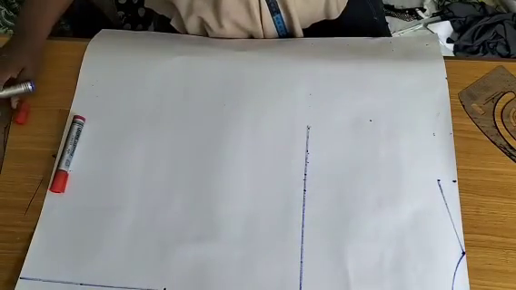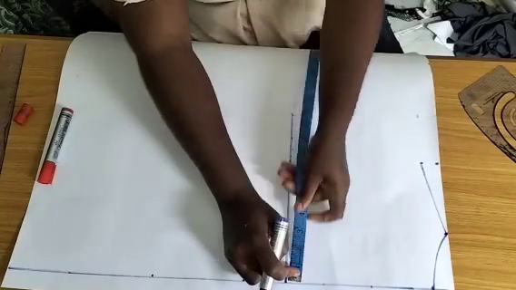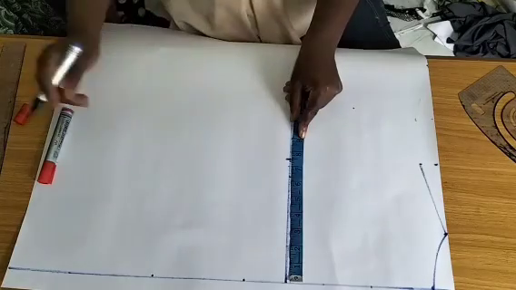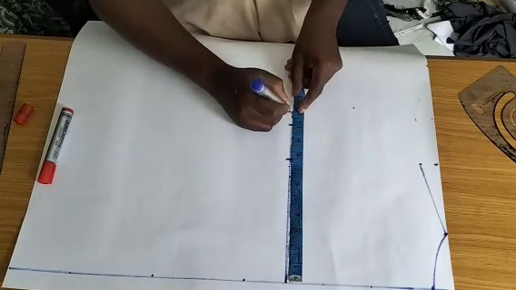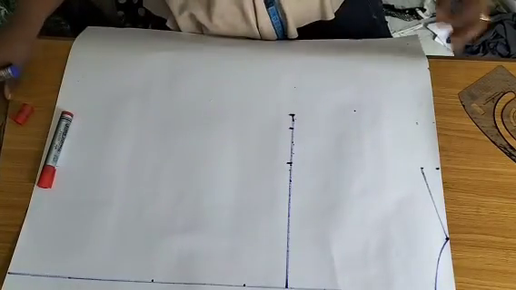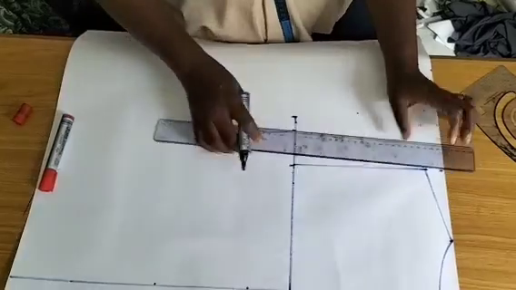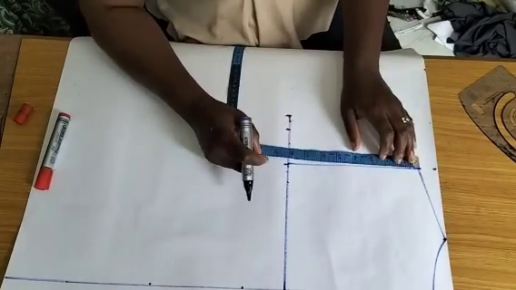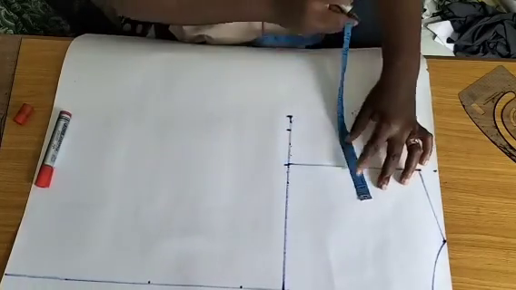So I will transfer my shoulder measurement also on my chest line, and mark my bust circumference and add my 1 inch. If you remember, that was what we did for the front. So I will create my back neckline, and then I'll divide this by 2.